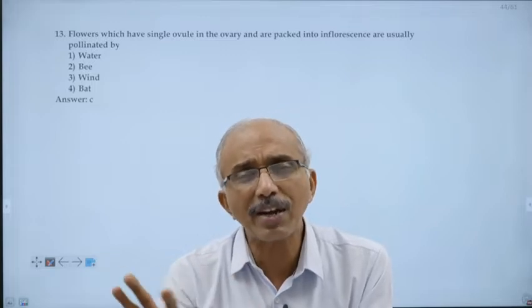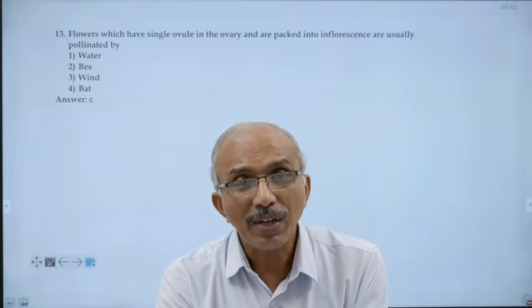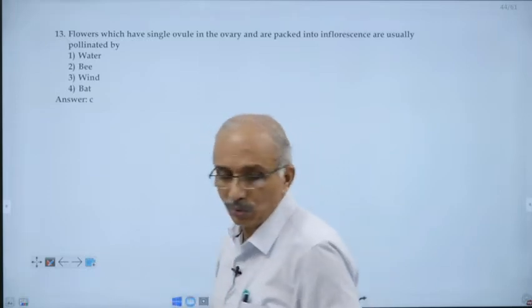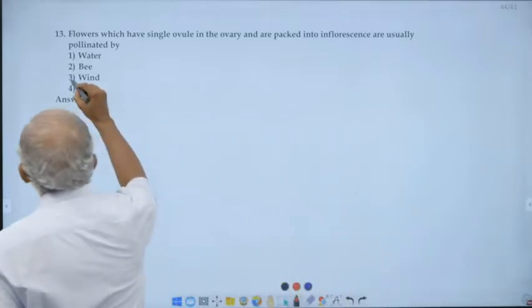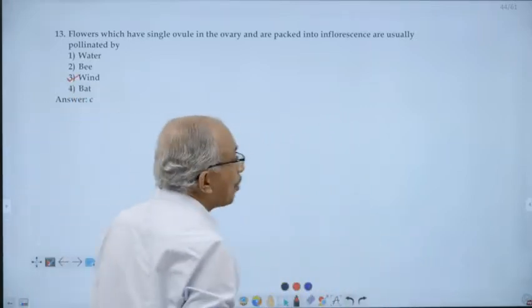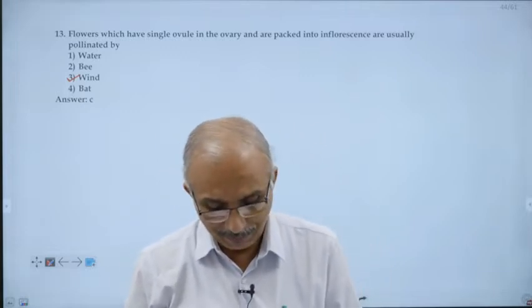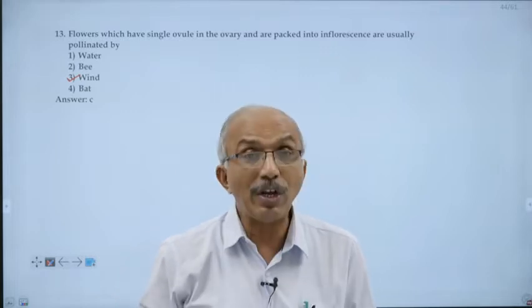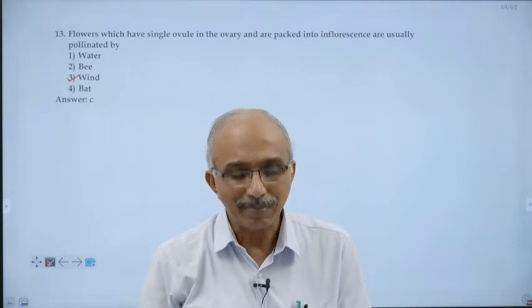To make it attractive, they are grouped together, so pollination will be easy. It is wind pollination. Flowers are usually grouped in wind pollination; otherwise, it cannot be pollinated.